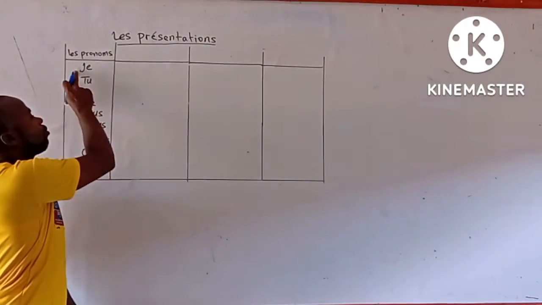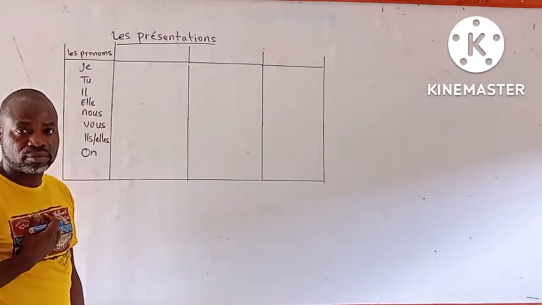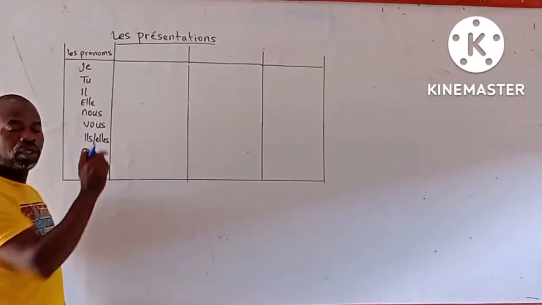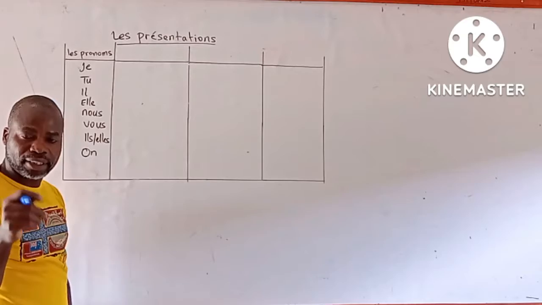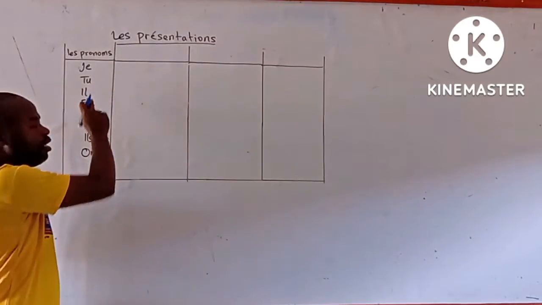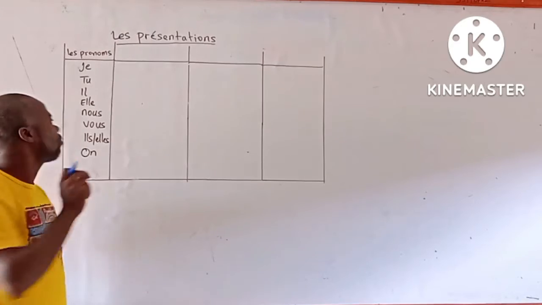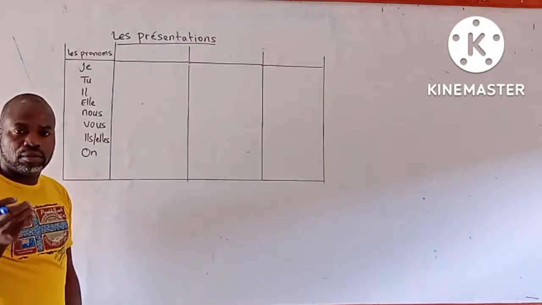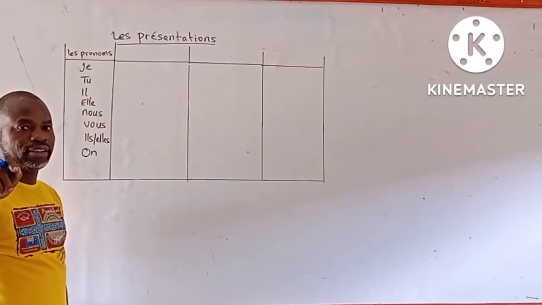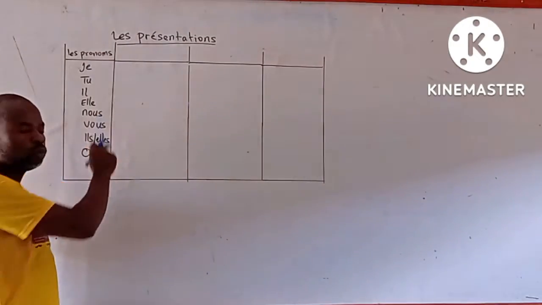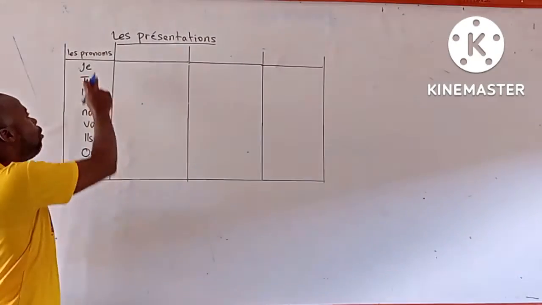Je, I. Tu, you, second person. Il, he or it. Elle, she or it. Nous, we, the plural of je.